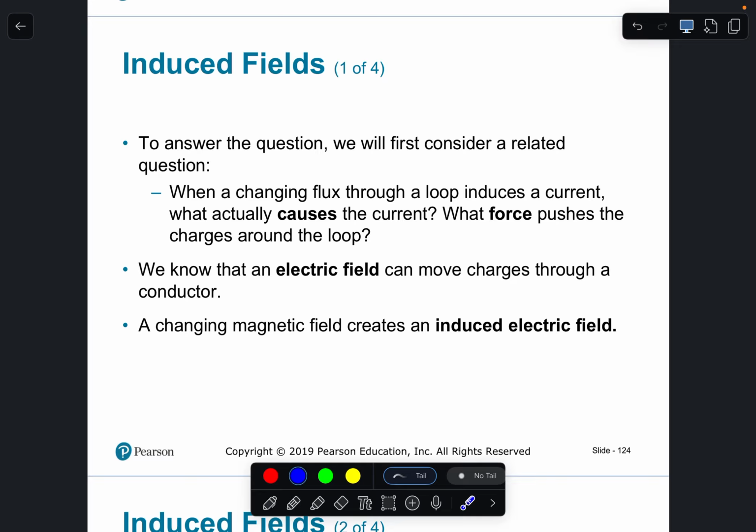Like at the end of class on Monday, I mentioned electromagnetic waves are propagating in space from stars very far away. What's giving them that energy? There's a constantly changing E field that's creating a constantly changing B field that's creating a constantly changing E field, and that's a propagation effect. And so that's why we can see light, like the stars in the sky.